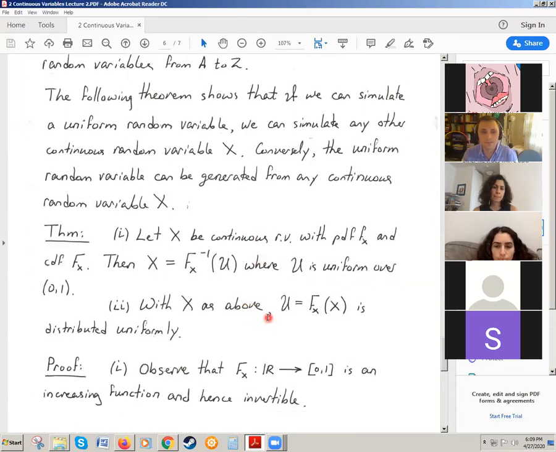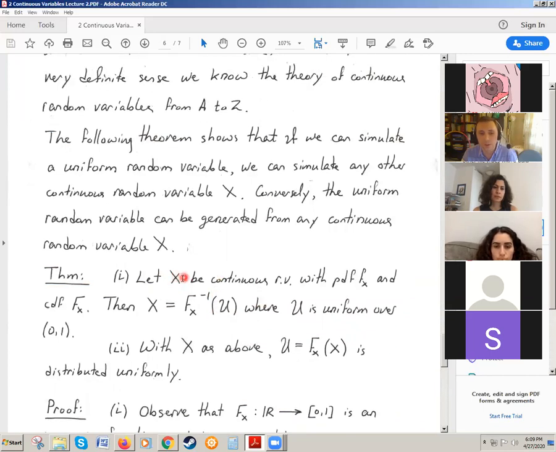So we're going to show how to simulate the continuous random variable x, given a uniform random variable from 0 to 1. Okay, so suppose that I have a uniform random variable from 0 to 1.